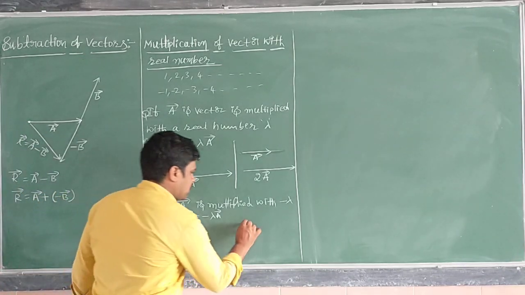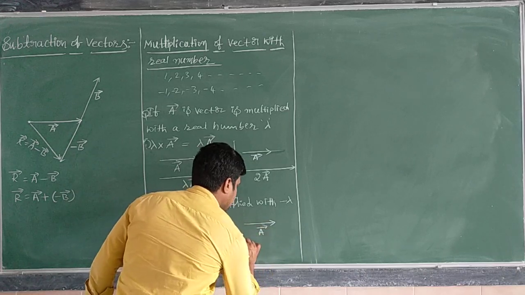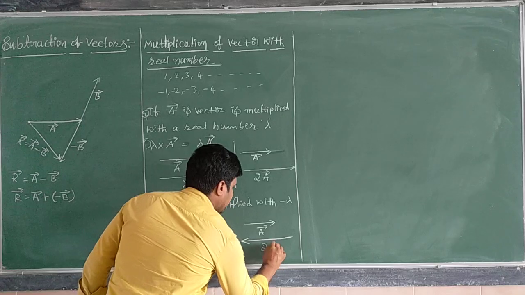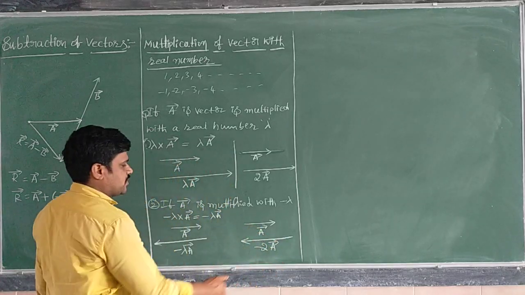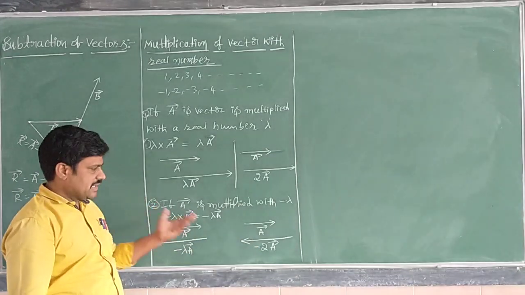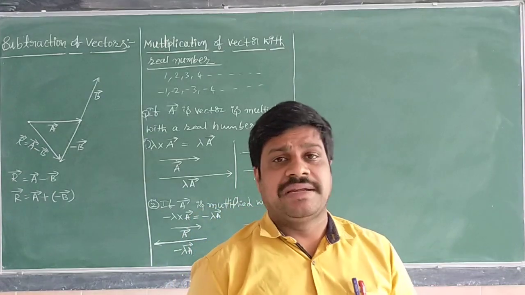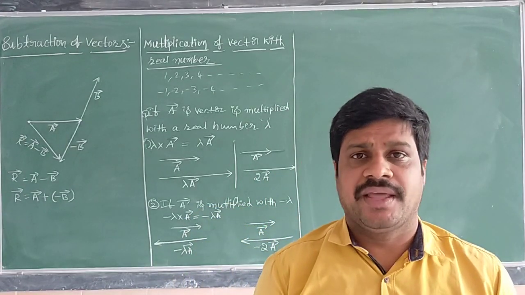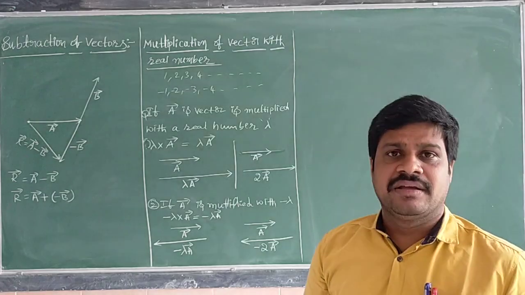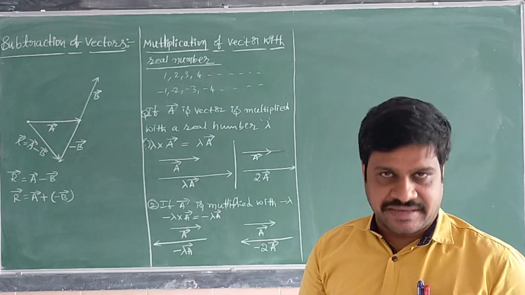Now this is nothing but a bar is a vector. This a bar is multiplied with, okay, minus 2. Then it becomes minus 2a bar. Minus means negative. So what does it mean? It increases. That means any vector multiplied with a real number, the magnitude of the vector increases.